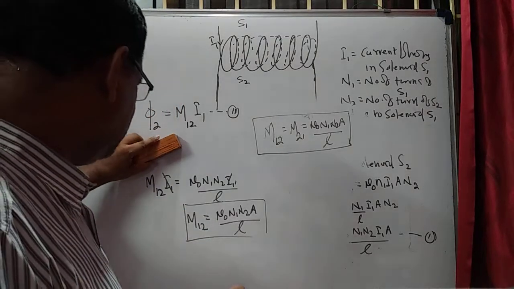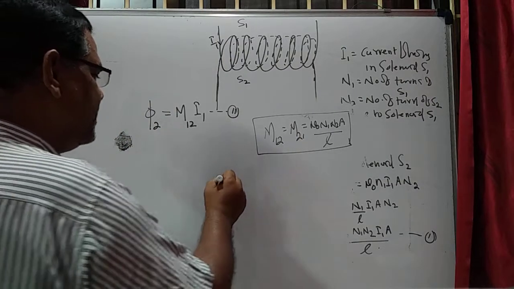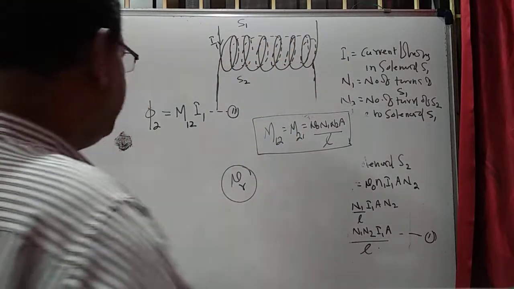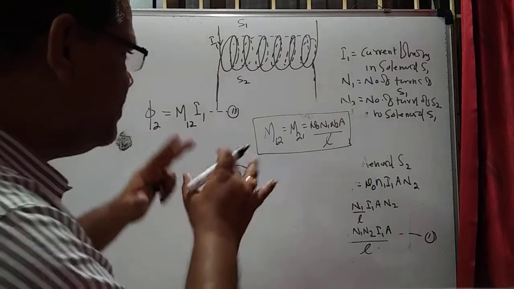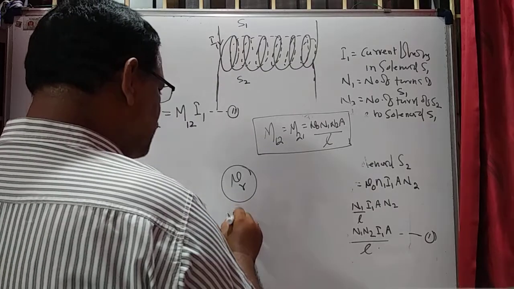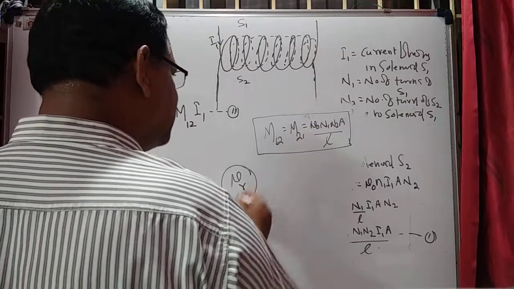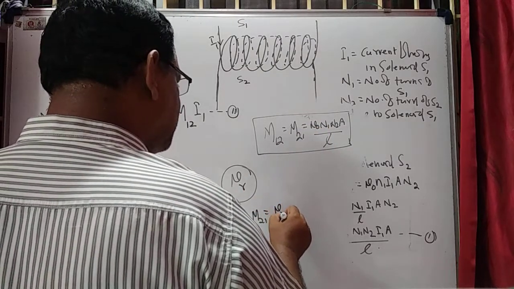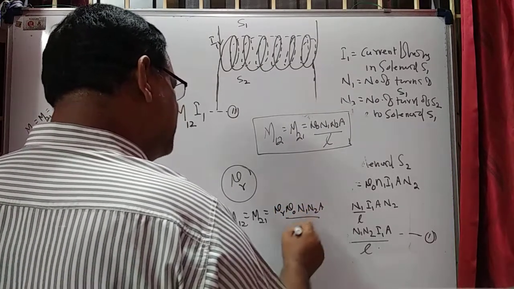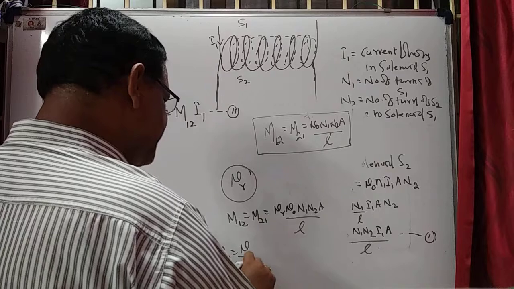Suppose a substance of relative permeability mu r is introduced between the solenoids. Then M12 equals M21, equal to, in place of mu naught, mu r mu naught N1 N2 A upon L, because relative permeability equals permeability of the medium upon permeability of free space.